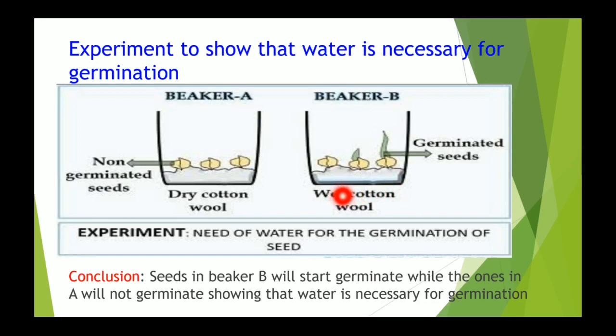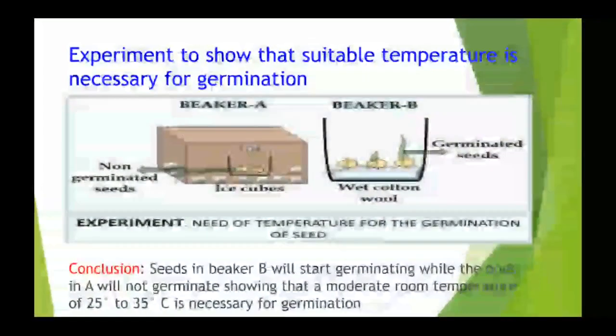At the time of germination, the seeds absorb that water and then get sprouted. So this is how we can say that water is needed for germination, which is not seen in beaker A because there is no water in beaker A. Got it? Then the next experiment.